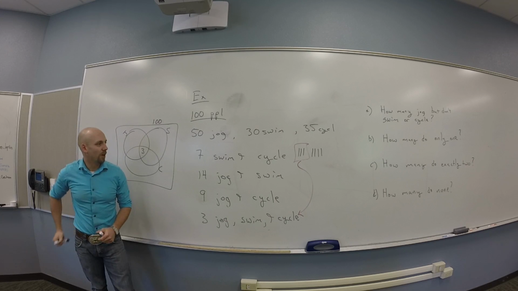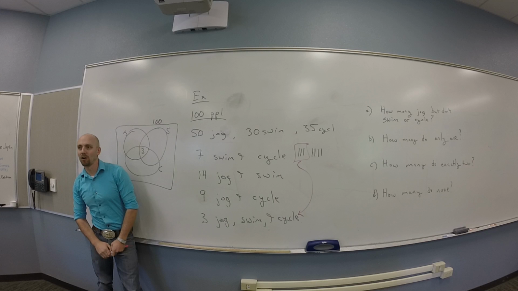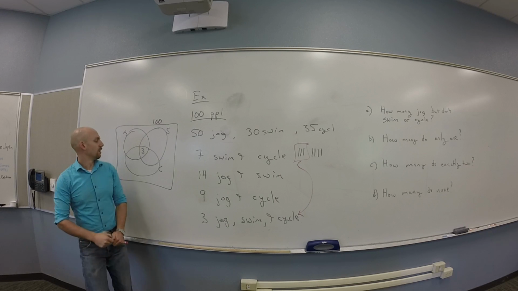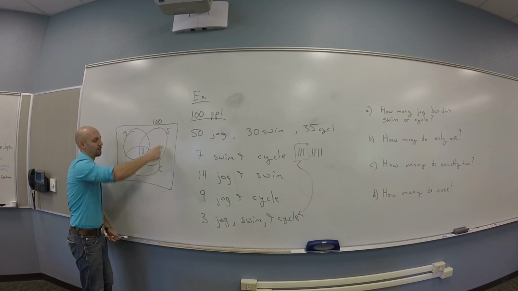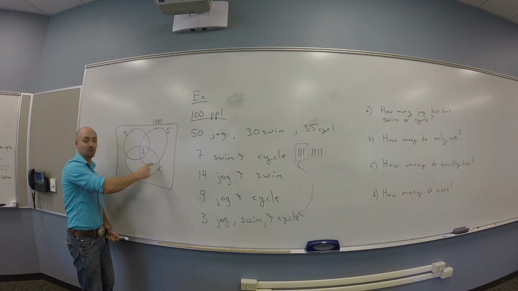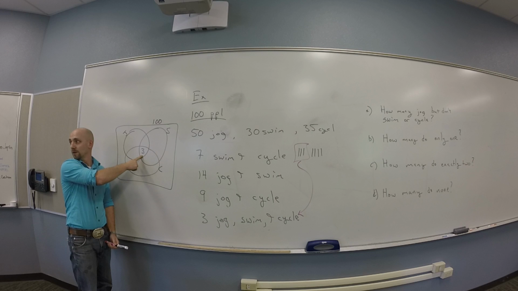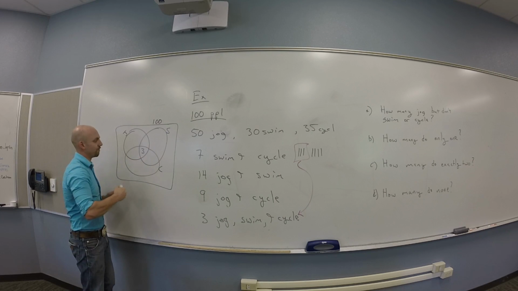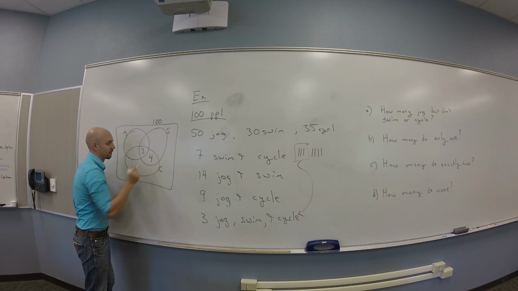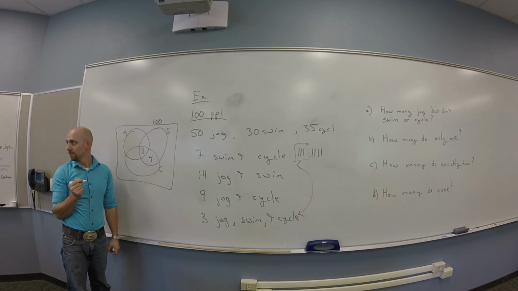So where do the other 4 people belong? They belong in the overlap between swimming and cycling, but outside of the triple overlap, because they don't jog. So there should be 4 people here. You guys with me on that?